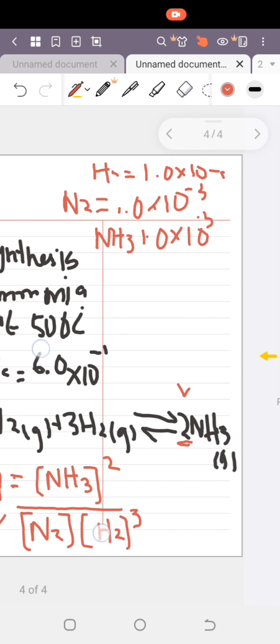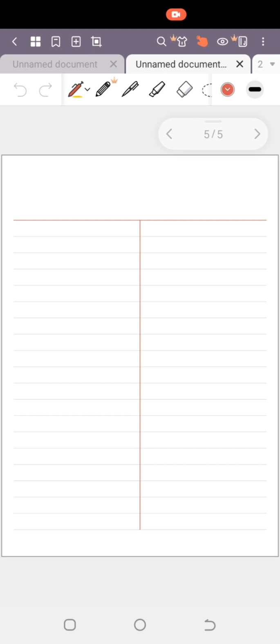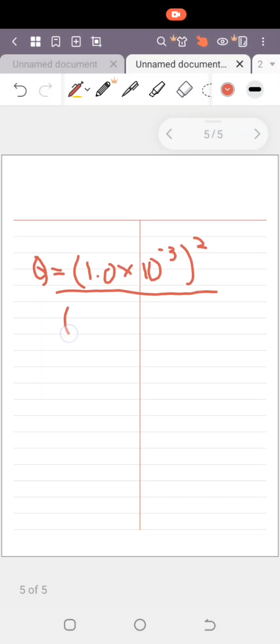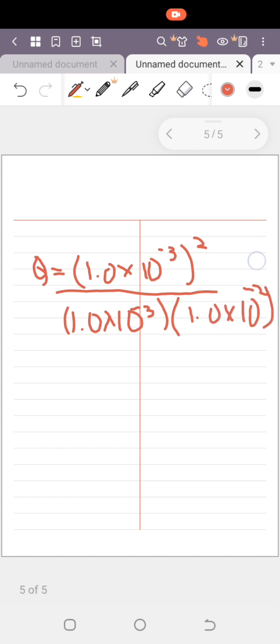So Q is equal to NH3, 1.0 into 10 raised to power minus 3, whole power 2, over N2, 1.0 into 10 raised to power minus 3, and H2, 1.0 into 10 raised to power minus 2, whole power 3.